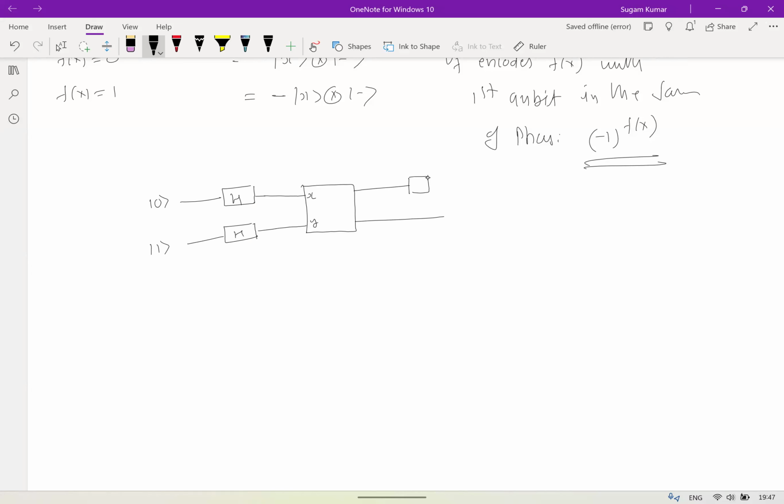After this, I will apply H. So after the Oracle, you are here, and at this location, this is nothing but a plus and negative. So this is my function, let us say psi 1, okay?